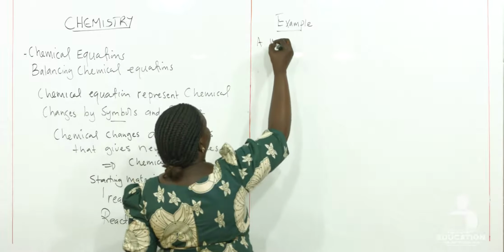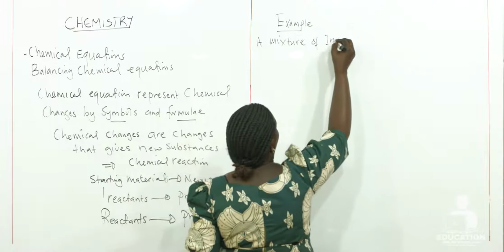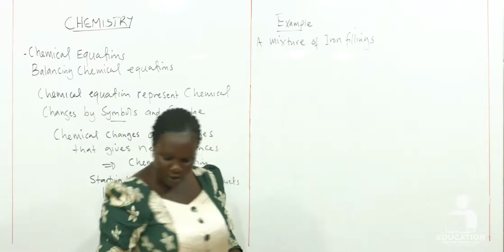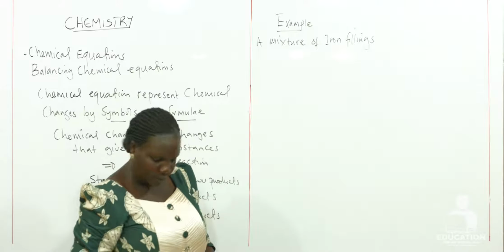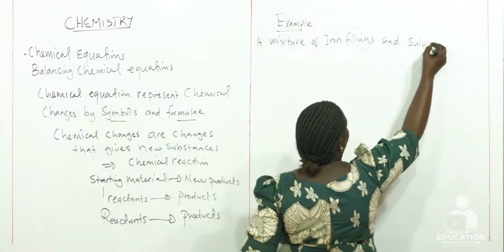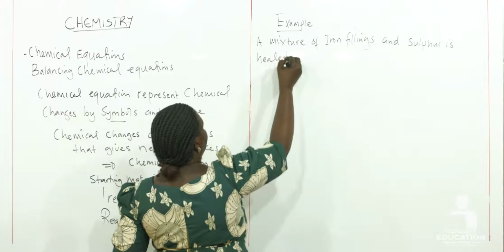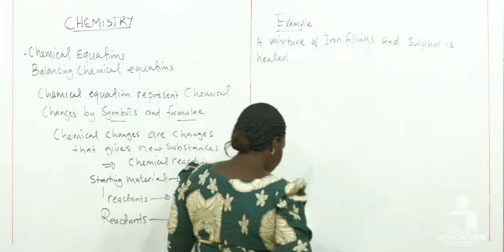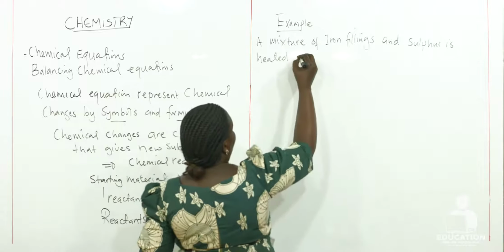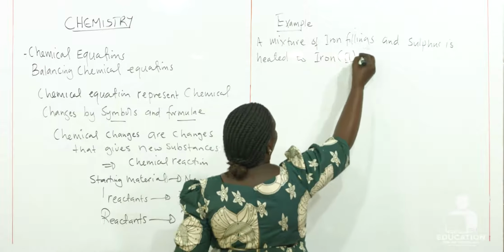A mixture of iron filings and sulfur is heated to give iron 2 sulfide.